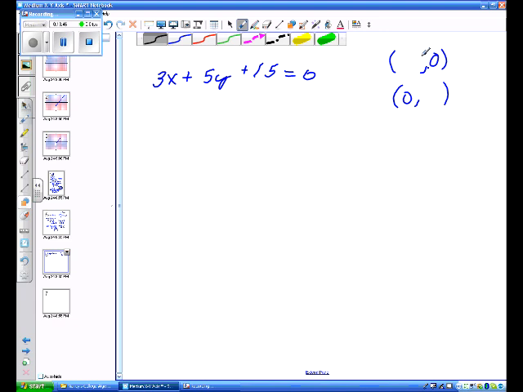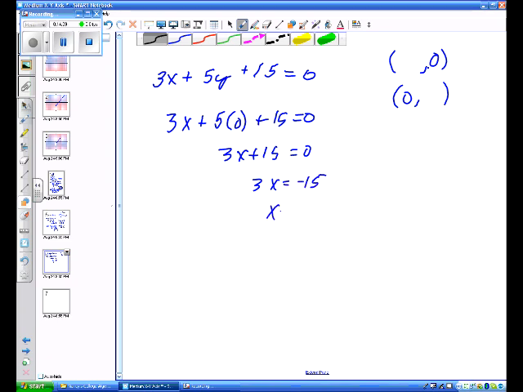Okay, so when I'm substituting in 0 for y, then I know that what I'm getting is my x. And basically that term is going to be 0. So we end up with 3x plus 15 equals 0. Subtracting 15, 3x equals negative 15. Dividing by 3, x is negative 5. So our x-intercept is negative 5, 0.